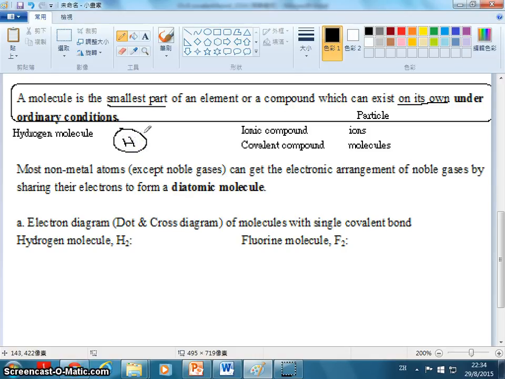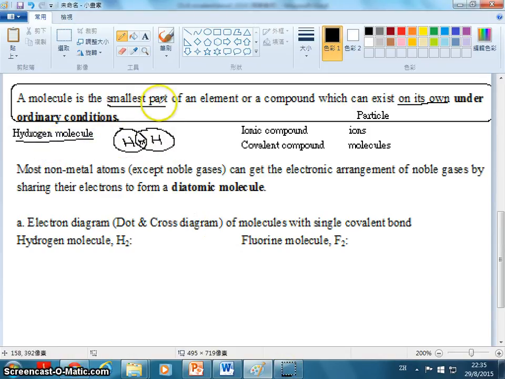Since it is so unstable, it is impossible for it to exist on its own under ordinary conditions. It must form a covalent bond with another hydrogen atom, having the electrons shared in the middle to become another substance. So we call this substance, which is a stable substance, a hydrogen molecule.